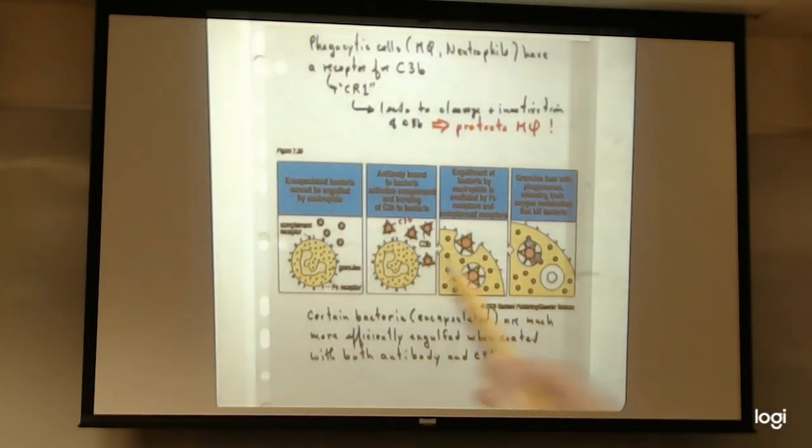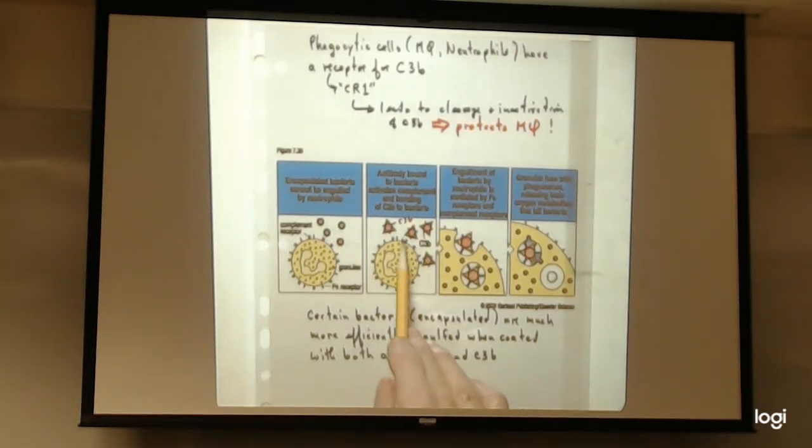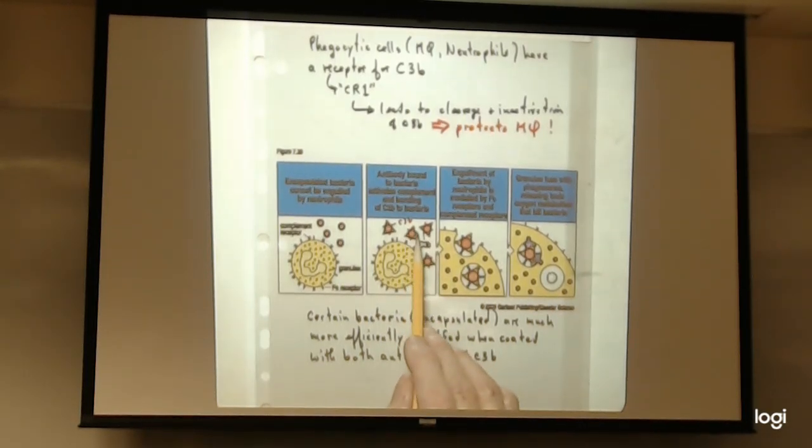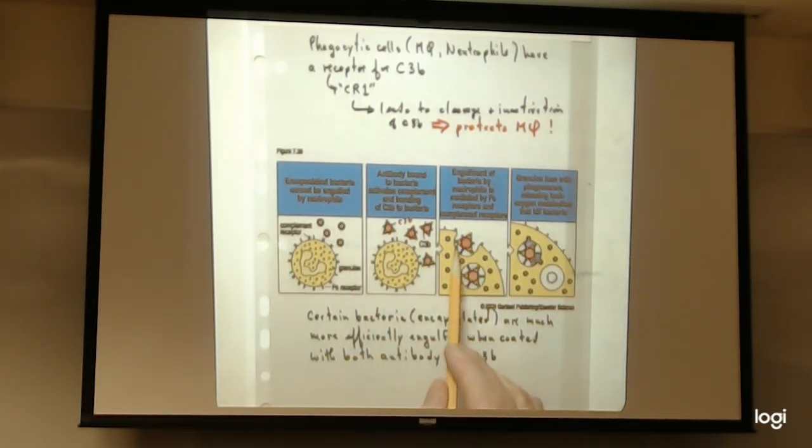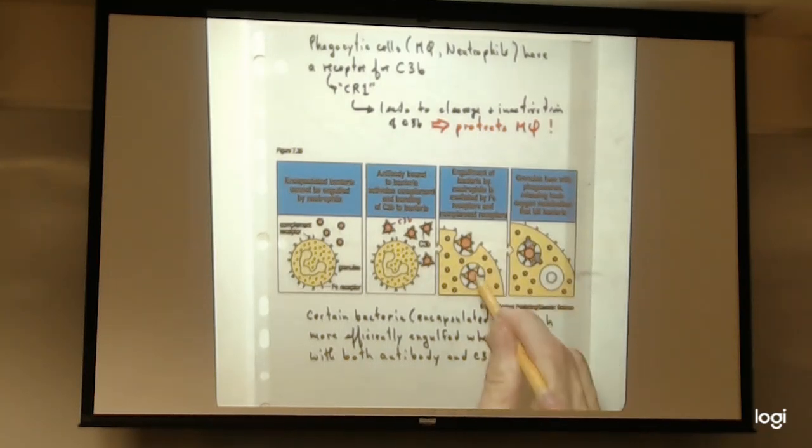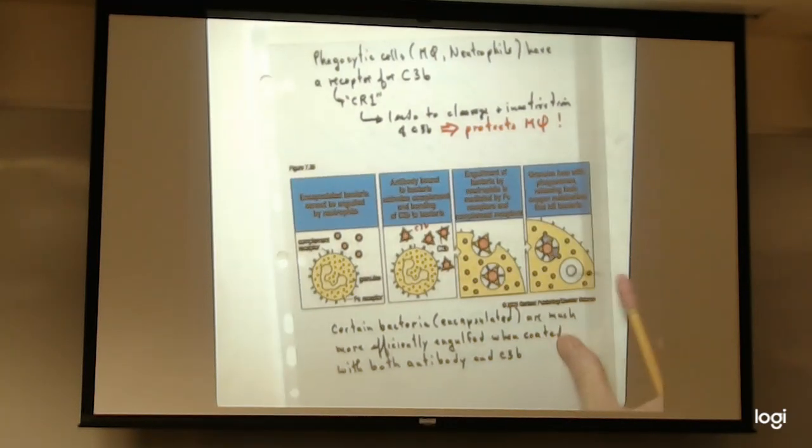So if we have, let's say, bacteria with antibodies binding them, and then we're activating complement and producing C3b all over the surface of the bacteria, the C3b receptors bind the C3b protein, and that then leads to the phagocytosis, the endocytosis of the bacteria.